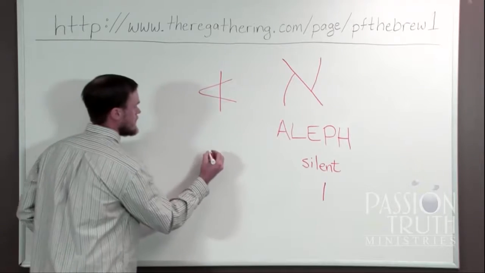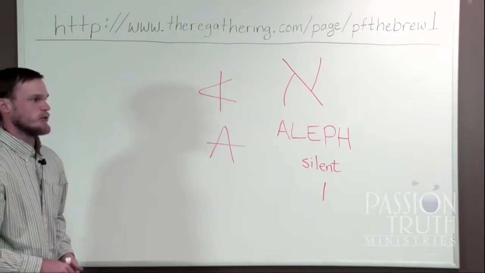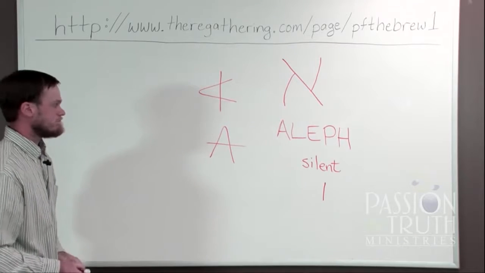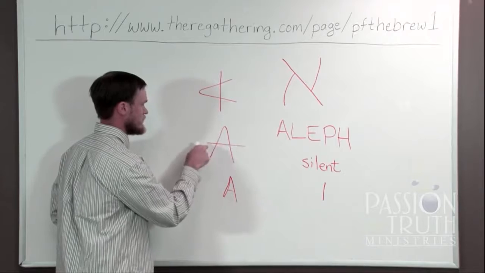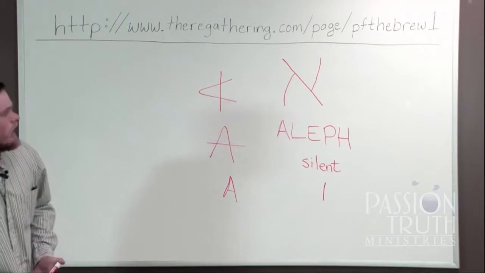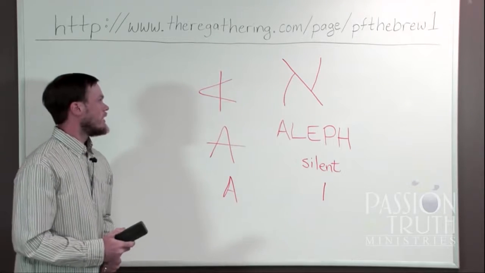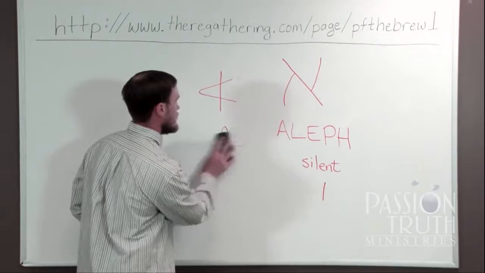Turn it on its side, and all of a sudden, we're transitioning into the Greek alpha, which became the Latin A. The alpha doesn't have these little points off the side. It looks just like a Latin A. So that is the aleph.